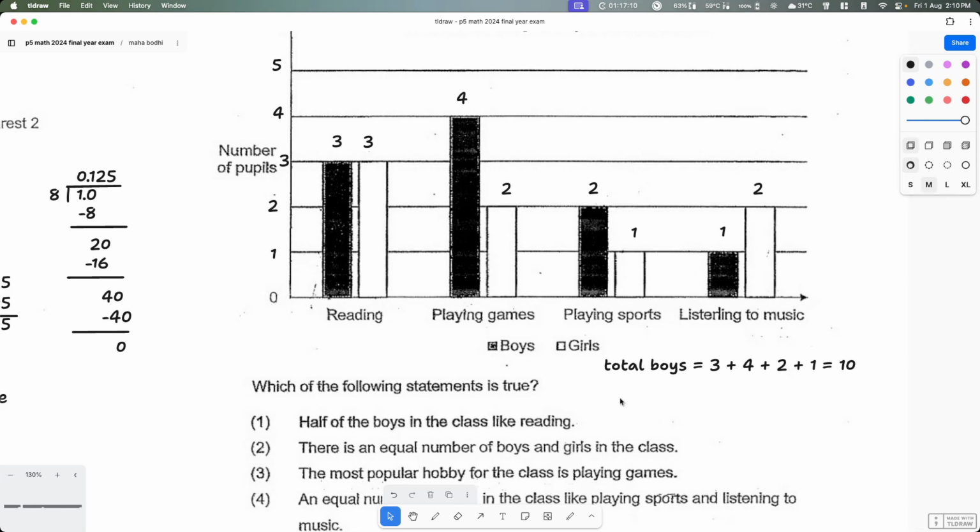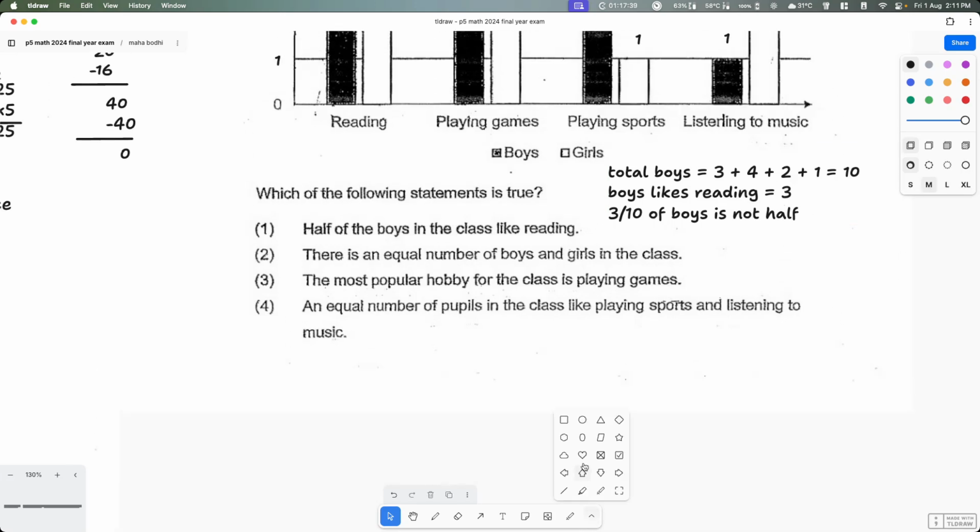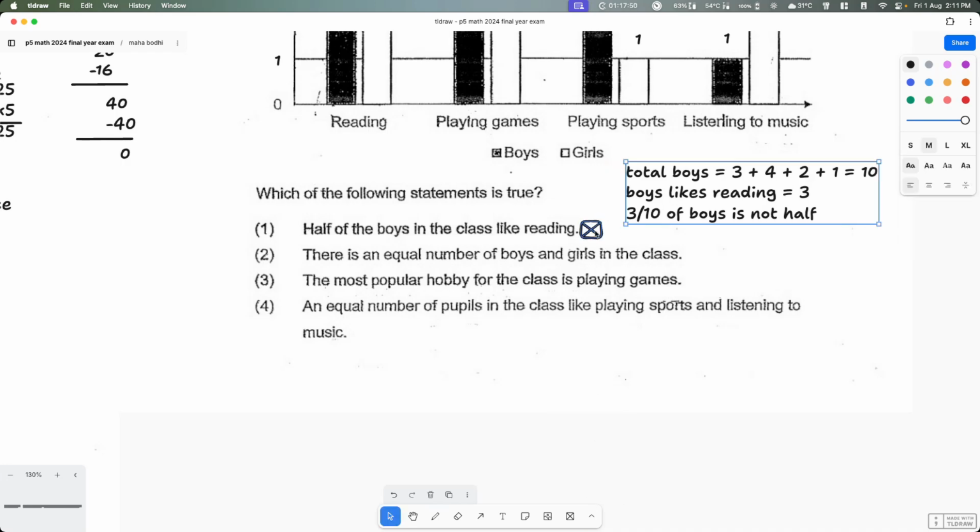Boys who like reading is equal to 3. So that means 3 out of 10 of boys is not half. Okay, for that this is wrong lah, right? So this is an X. Okay, so X, oops. Oh, okay, either way, this one is wrong. Okay, 3 out of 10 of boys is not okay.